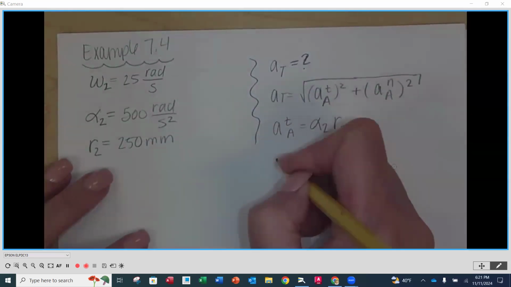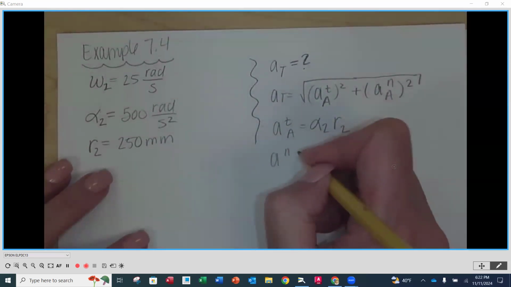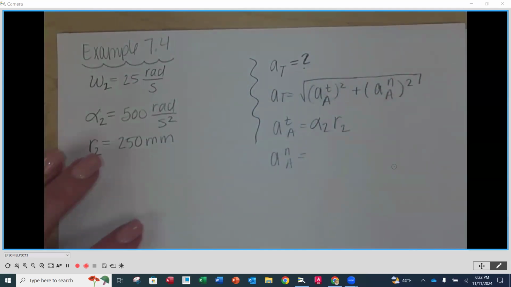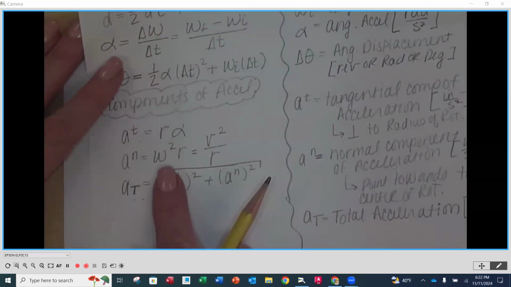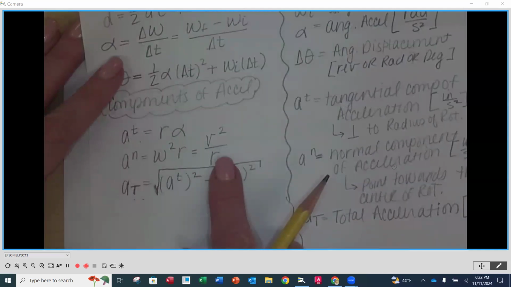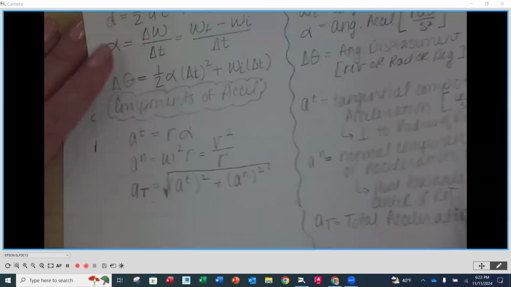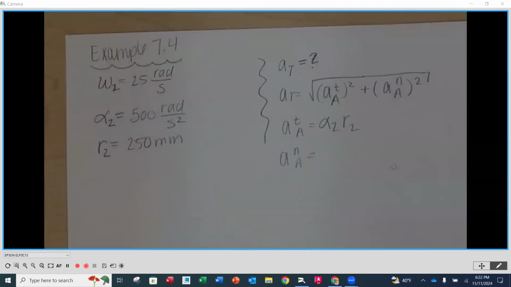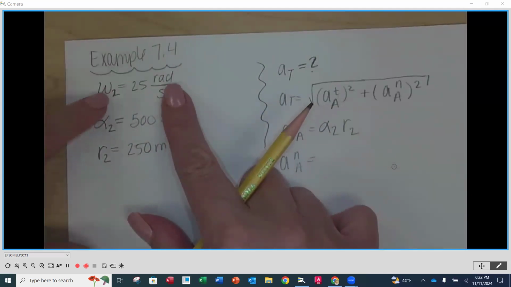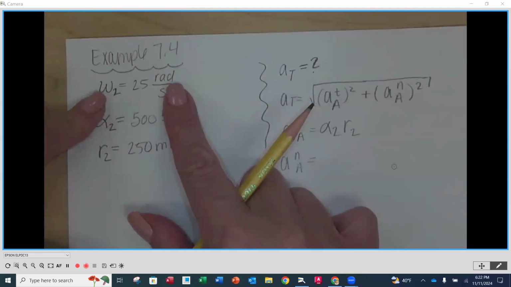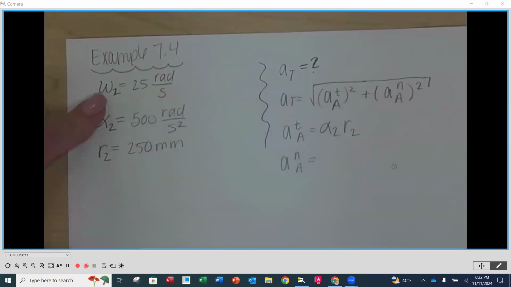The normal at point A, we bring this back. We've got two versions of it, either using the angular velocity of the link or the straight line velocity. This is where it's important to know what you have. Based on the units, we identified that 25 radians per second is angular velocity.